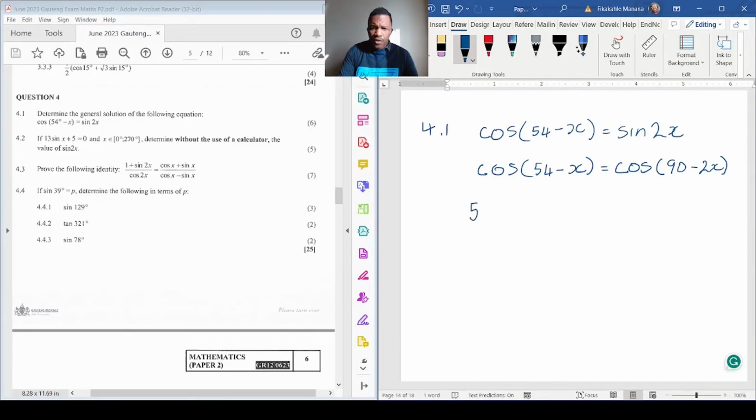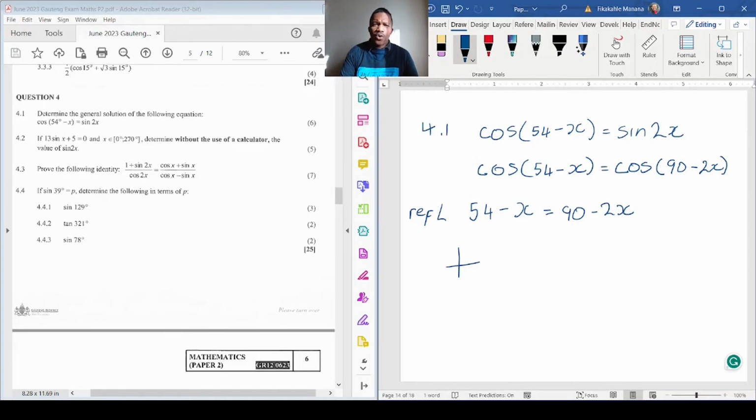We can therefore say 54 minus x is equal to 90 minus 2x. Now, this is just the reference angle, because remember, we always start with the reference angle, and then we introduce which quadrants we're working with.